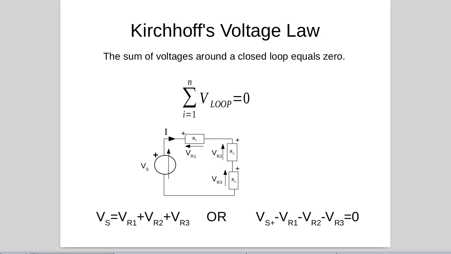Because of the direction of the arrows, if we went around the loop clockwise like we did before, we've got the supply voltage pointing one way and the resistor arrows pointing the other way. So we've got Vs minus VR1 minus VR2 minus VR3 equals 0. That's Kirchhoff's voltage law.